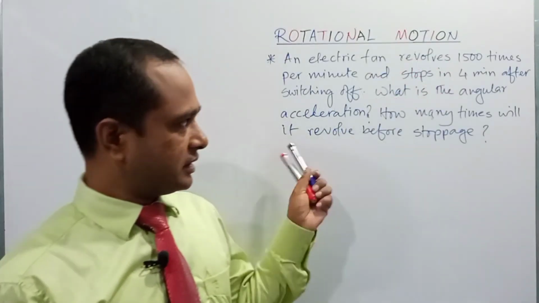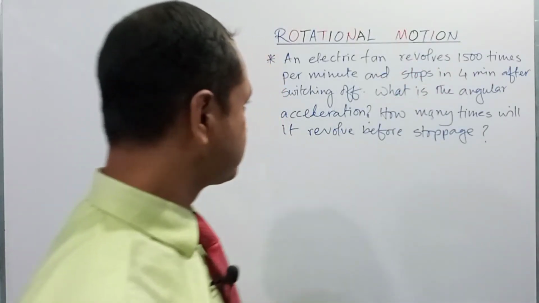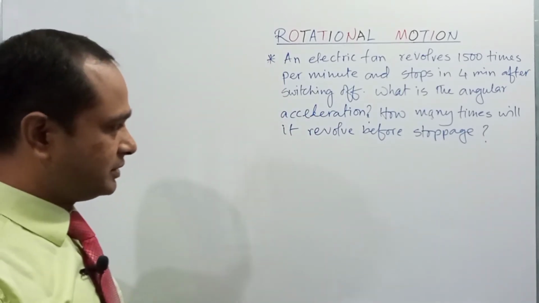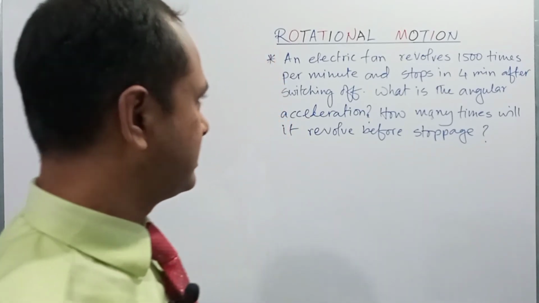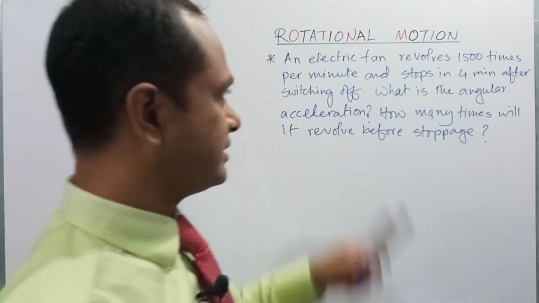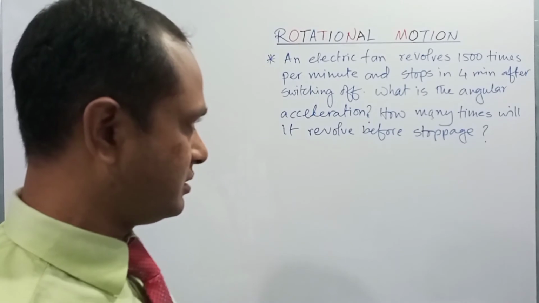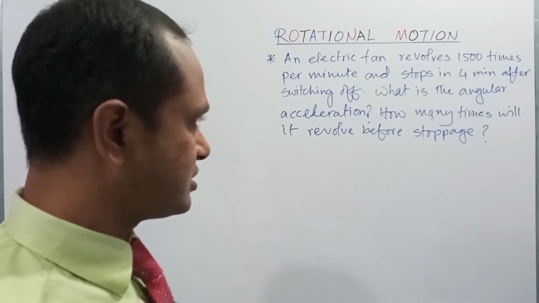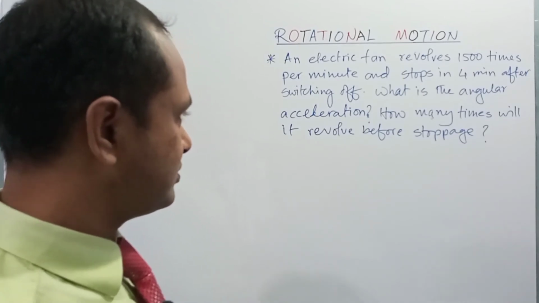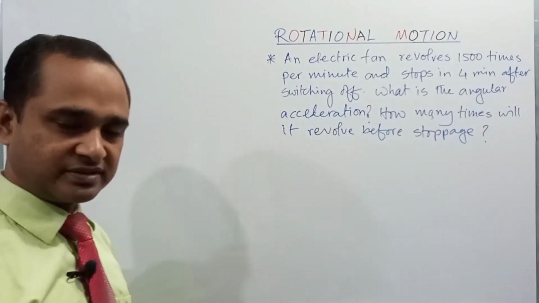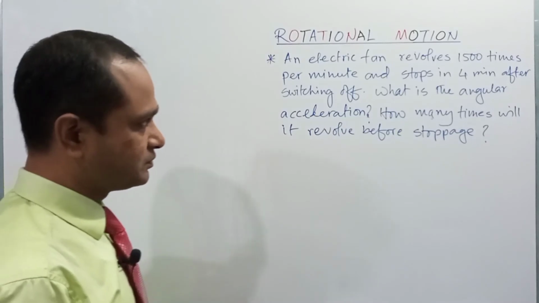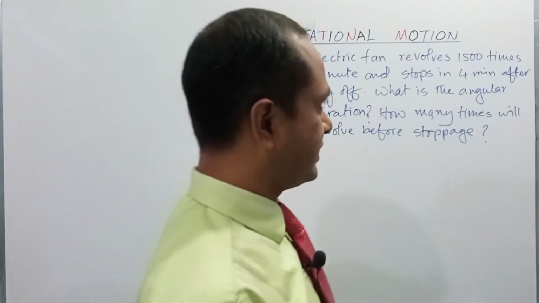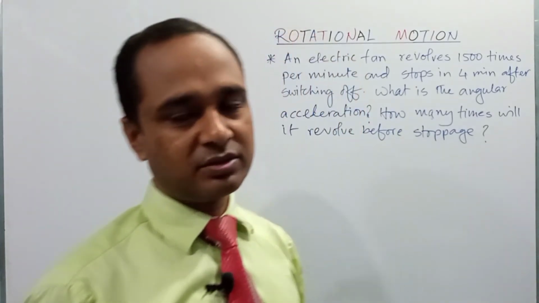Right. Here is a mathematical problem. It says that an electric fan revolves 1500 times per minute and stops in 4 minutes after switching off. What is the angular acceleration and how many times will it revolve before stoppage? Dear student, the given information is that the fan revolves 1500 times in 1 minute.